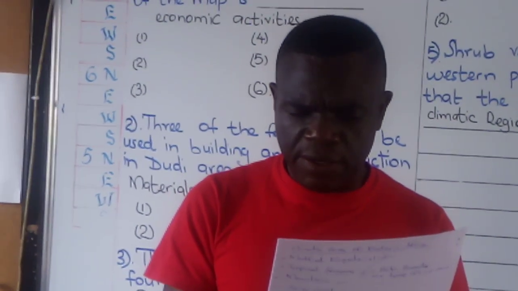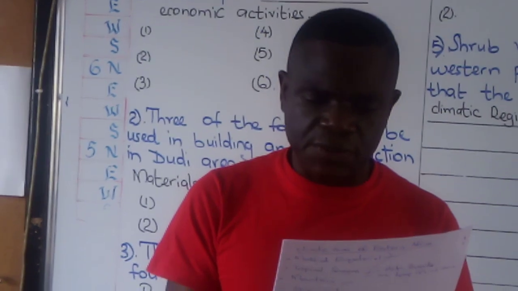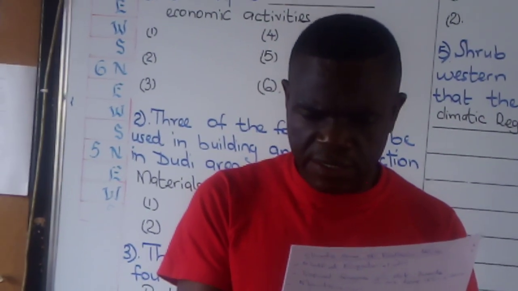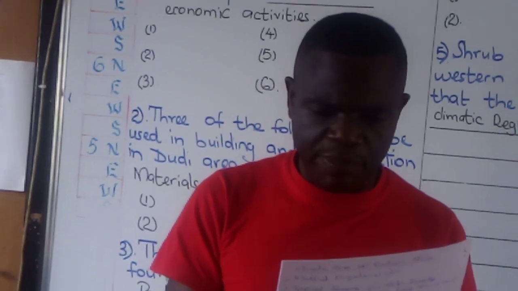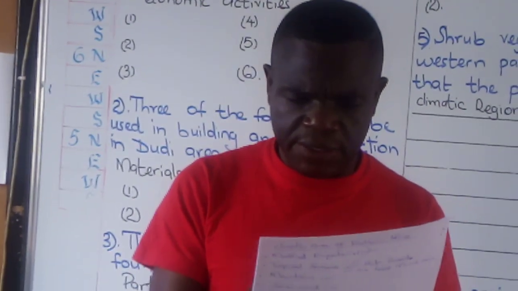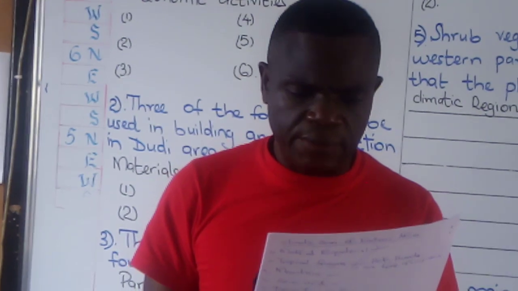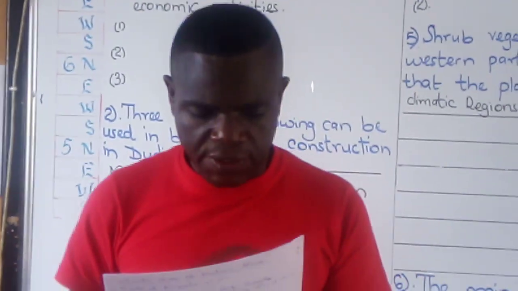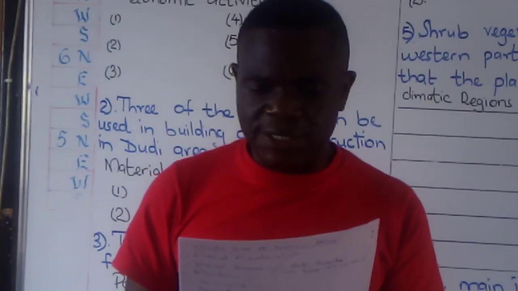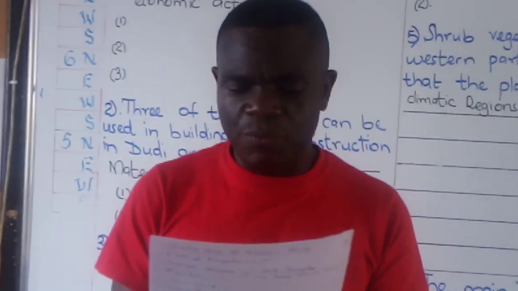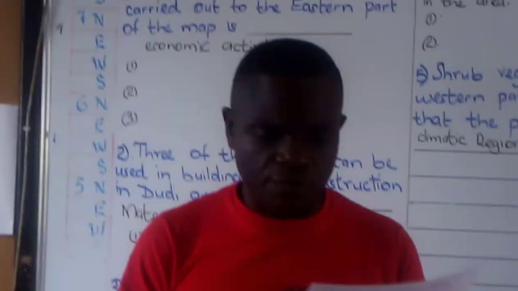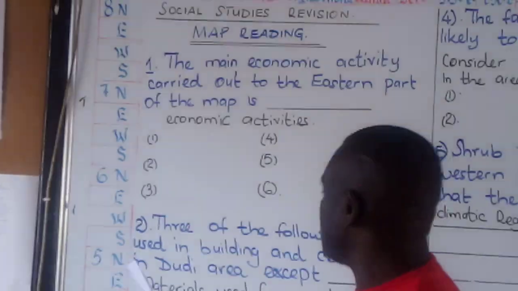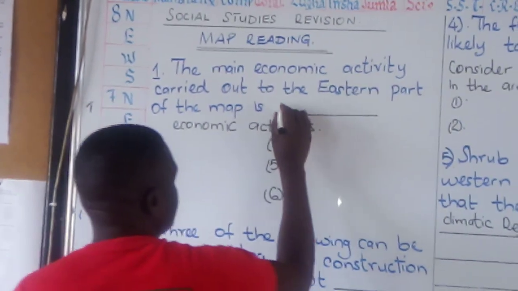Then there is an airstrip on the eastern part. There's a sawmill on the eastern part. And so we check on the eastern part what we have. So according to me, it is trading as an economic activity because of the presence of the market. So the answer here is trading.